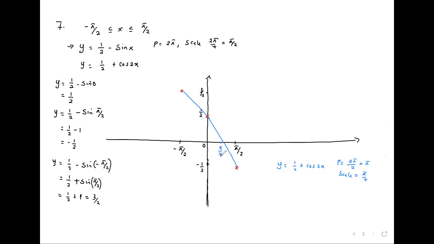I've got a question. Please ask. How are you identifying the periods? So the period is 2 pi over b, given that y is a cos bx plus c plus d.